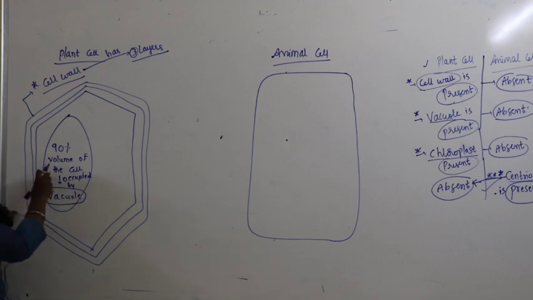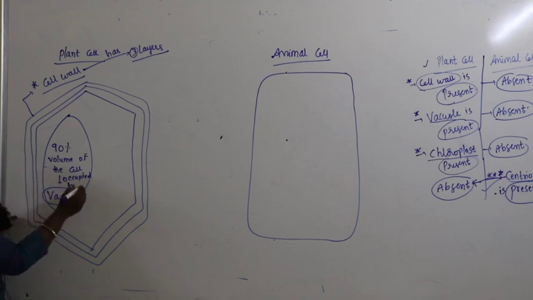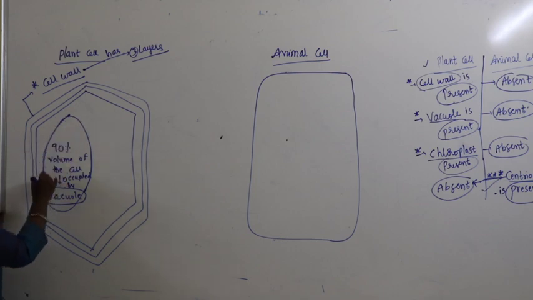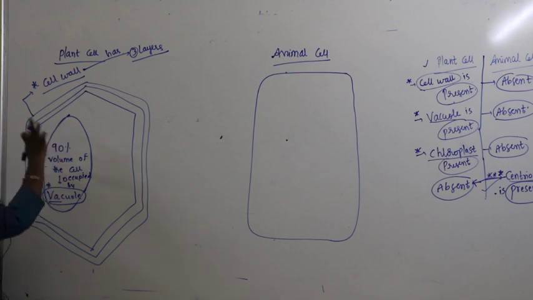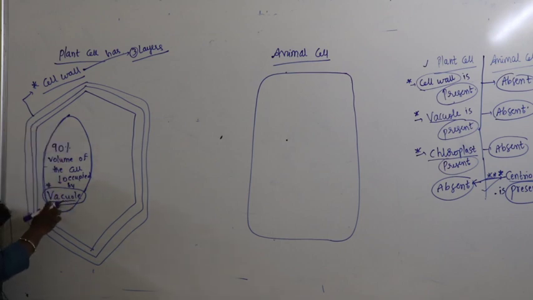There is an empty space that is filled with some fluids, minerals, but this empty space is bounded by a layer. It's called vacuole. So 90% volume of the plant cell is filled with a bigger one, called vacuole. With this we can clearly identify the plant cell from animal cell.